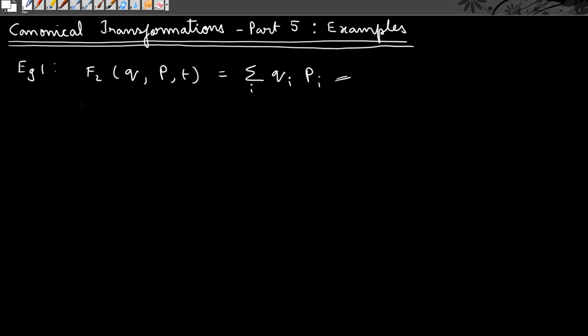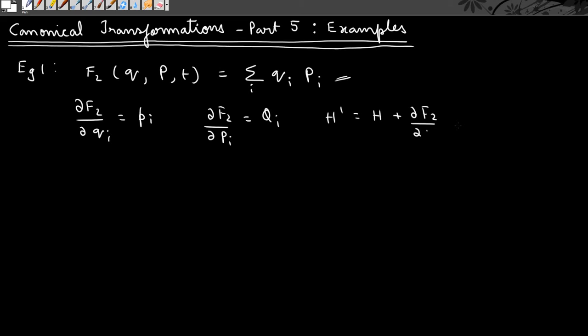We saw in our previous lecture that if we use F2, then we have the following relations: ∂F2/∂q_i must be equal to p_i, and ∂F2/∂P_i must be equal to Q_i, and our H' should be equal to H plus ∂F2/∂t.